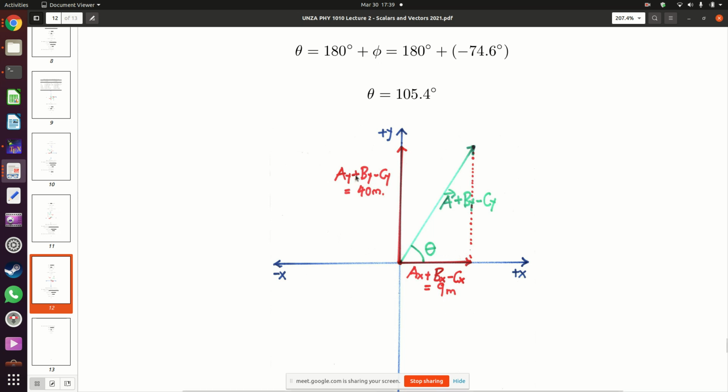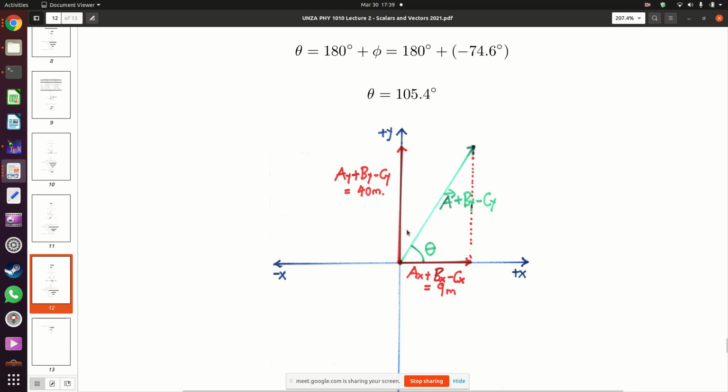Like that. So we have the x component, 9 meters positive. You've got the y component, 40 meters positive. Again, we pick the y component, we plant it at the end of the x component so that we move like this, along the x component, then we move up along the y component, then we find ourselves there.